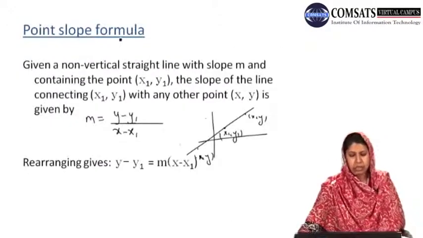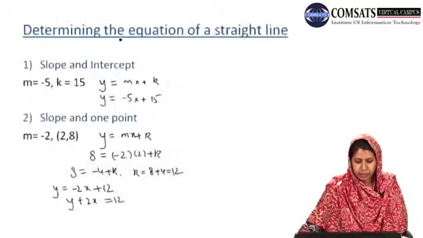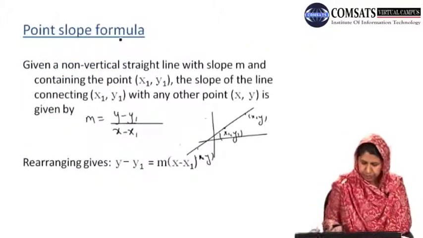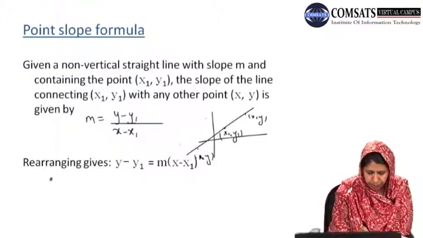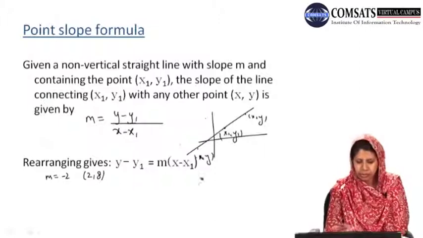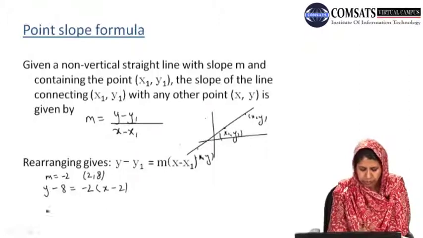Okay, now let's have a look at our previous example where m was -2 and the point was 2, 8. What do we get? So putting these values in our equation, we obtain y minus y1, which is 8, is equals to -2 times x minus x1, which is 2.